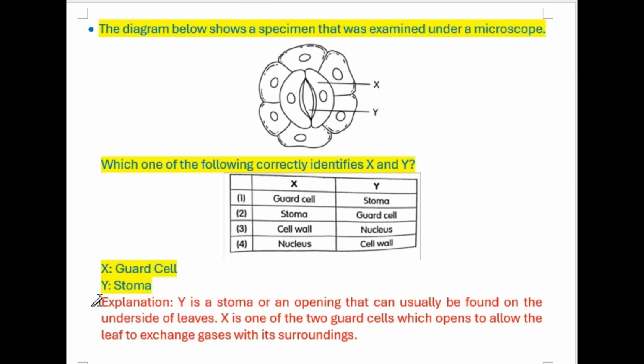Y. Stoma. Explanation: Y is a stoma, or an opening that can usually be found on the underside of leaves. X is one of the two guard cells, which opens to allow the leaf to exchange gases with its surroundings.